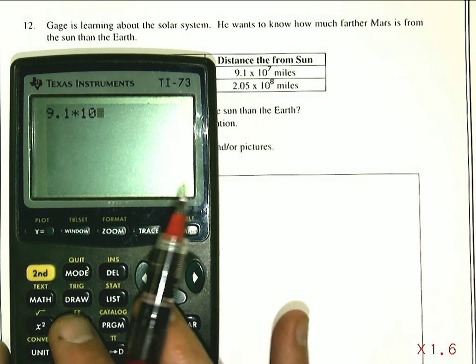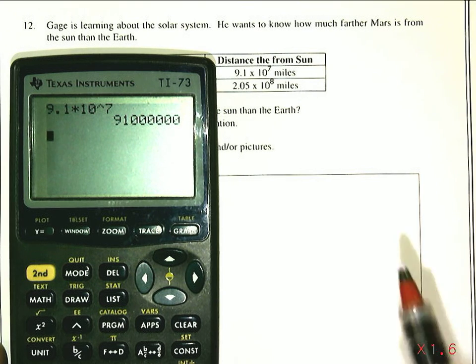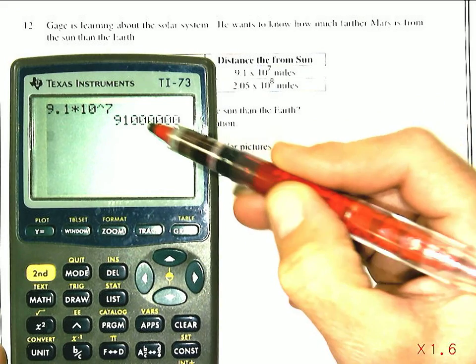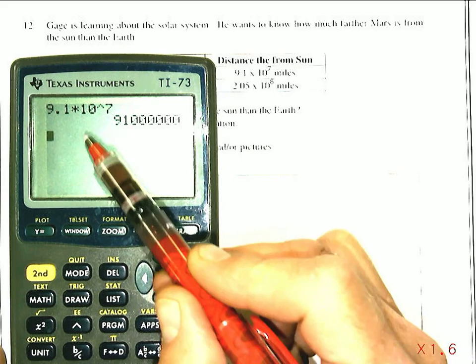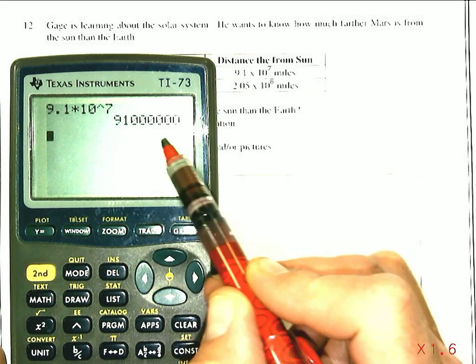So if I push that button, it puts a little up arrow in there, and I can push 7. So there you see 9.1 times 10 to the 7th power. If I enter that, you can see it's a very large number. It looks like 91 million miles.